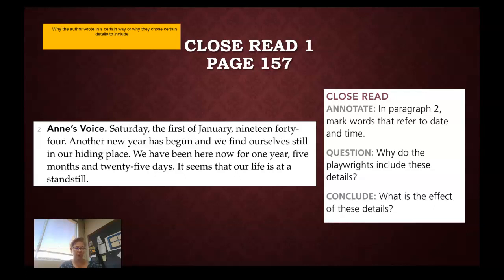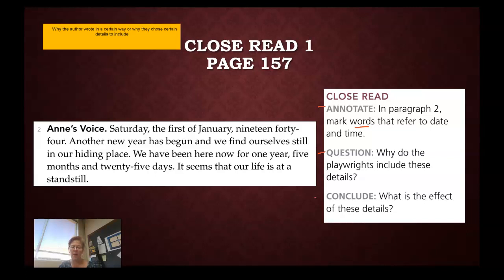So in this first close read, you have 3 things to do. First, you will always annotate, which means underline or highlight, certain words or phrases, and they give you something to look for. Then, after you've highlighted or underlined the important text evidence, they ask you a question about the text evidence.